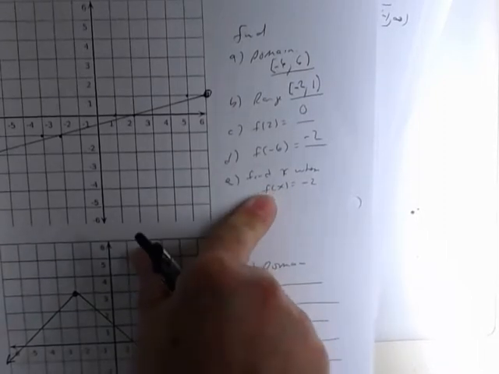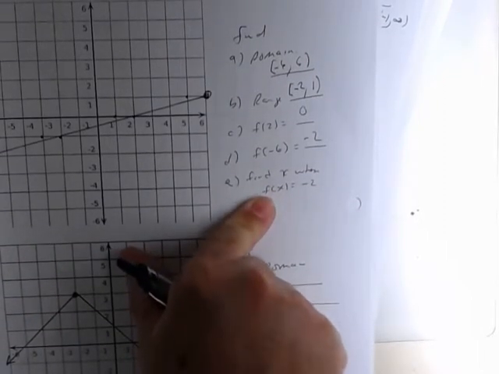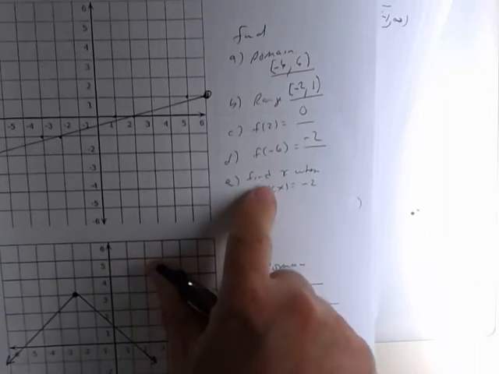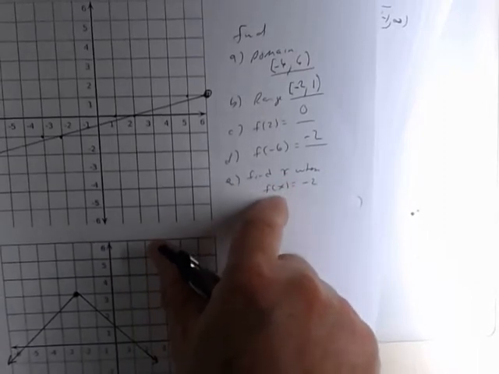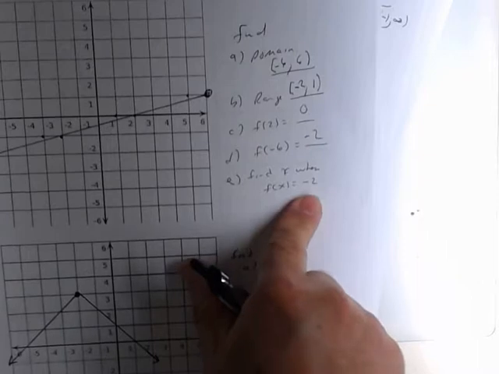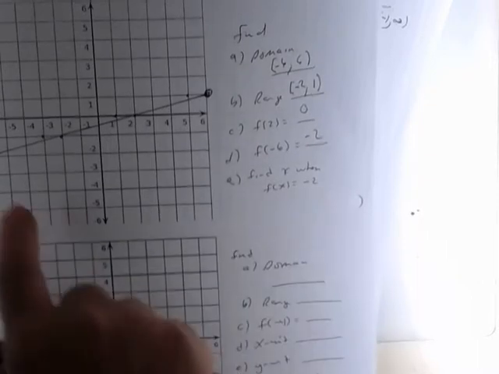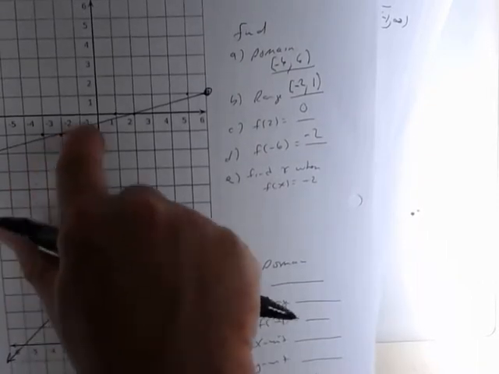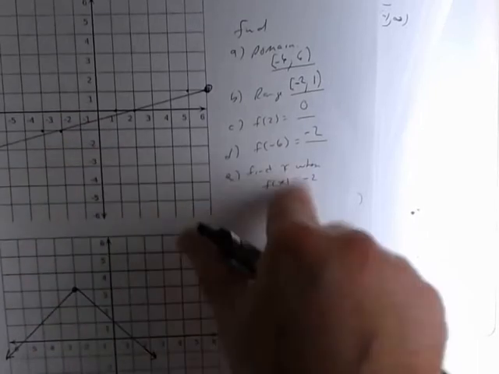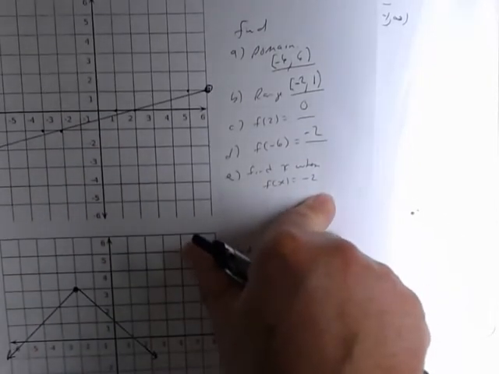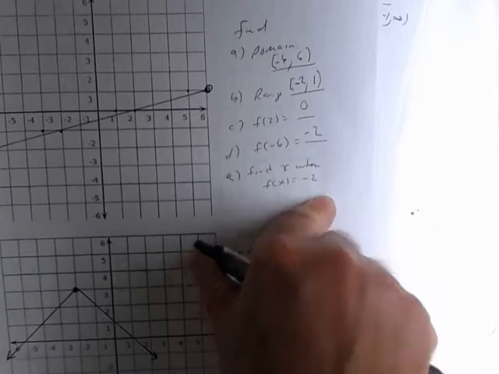Listen carefully. Remember, f of x means the same thing as what? Y. So they're asking, what is the x value when y is what? -2. So on your graph, you've got to find out where's that point. Where's that point when y is -2? Can y'all see it?